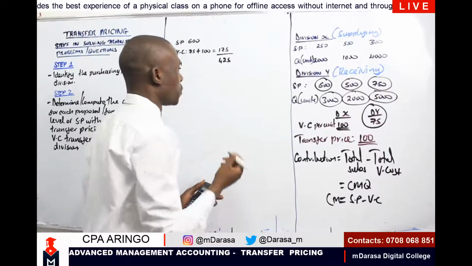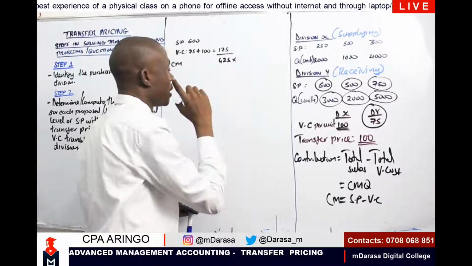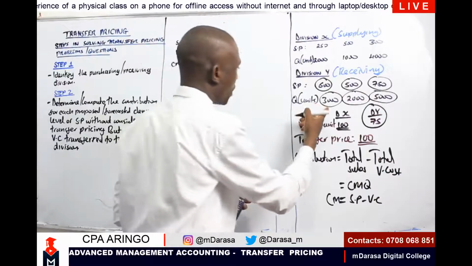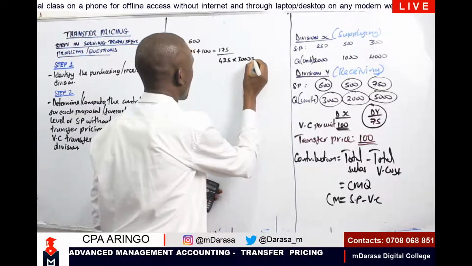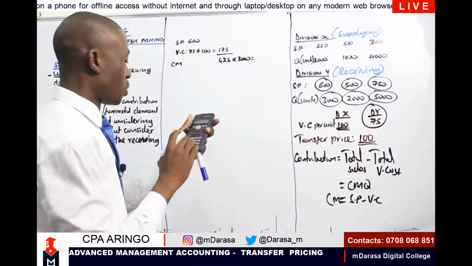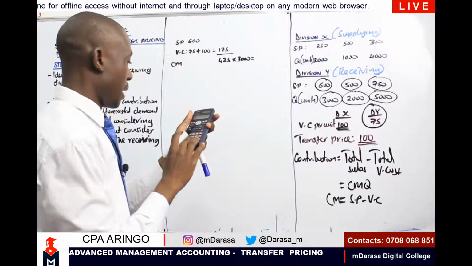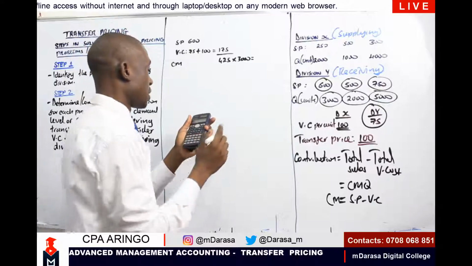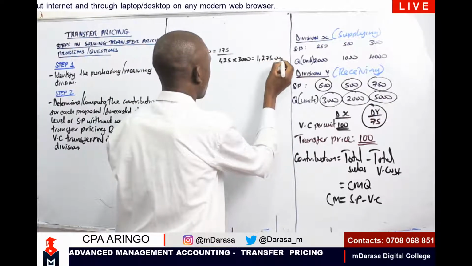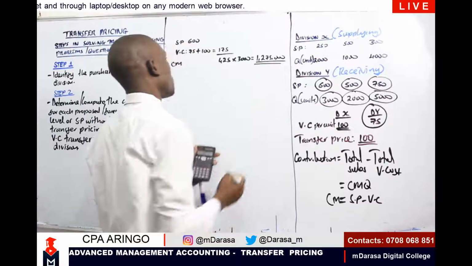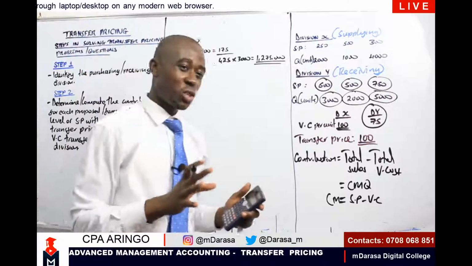Having 425, we multiply by the quantity at that demand level, which is 3,000. So my Q is 3,000 at that demand level. In that case, we'll be talking of 425 by 3,000 to give us 1,275,000. That should be our contribution at that point.